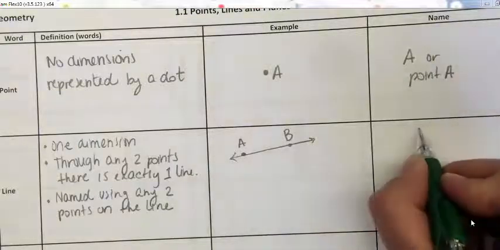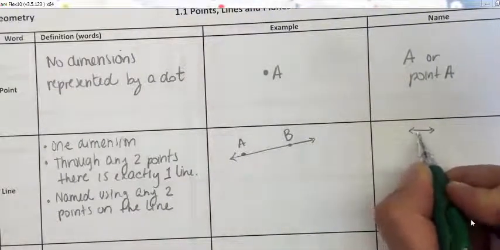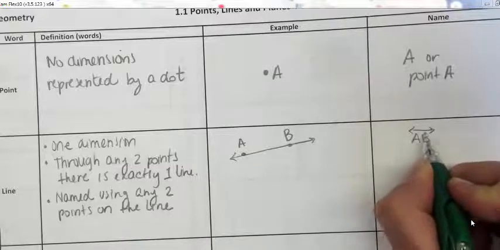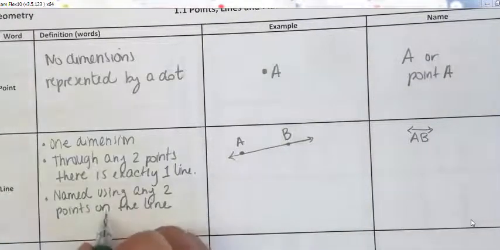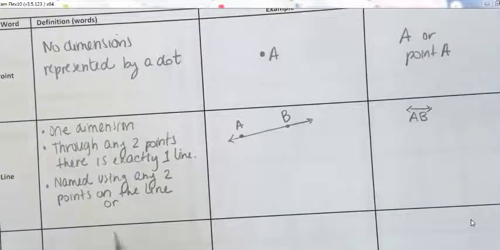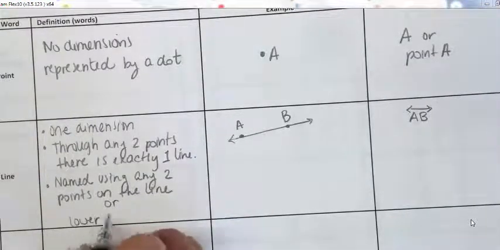The way that I do that is I write line, a little line over AB. Capital letters, because those are points. The other way that you could do this is using just the lowercase letter that's assigned to that line. So I'll just put or a lowercase letter.